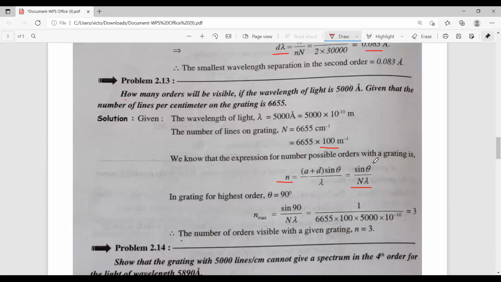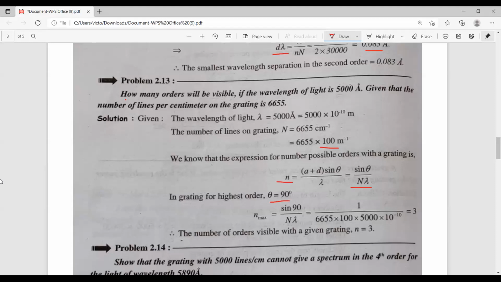Here n is the maximum number of orders possible. The maximum orders are possible by using the grating at 90 degrees. The highest order of the grating is possible up to 90 degrees.